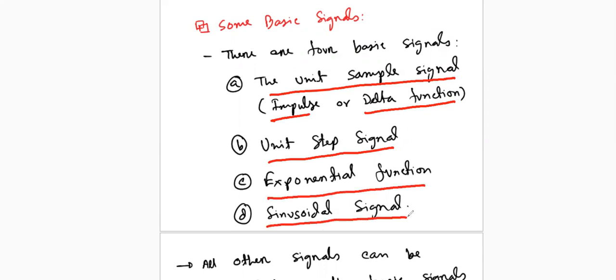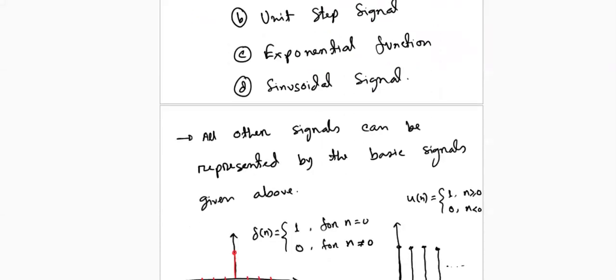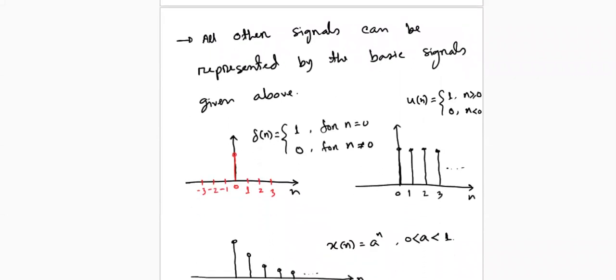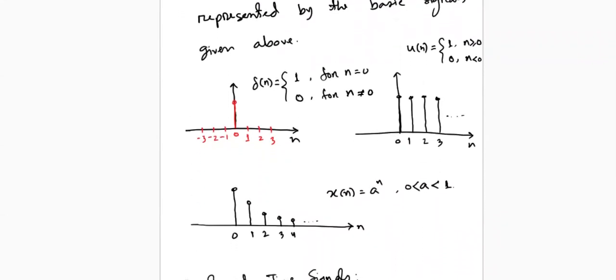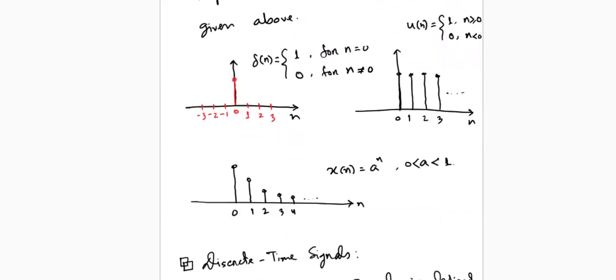We can represent any signal with a combination of these four signals. That's why these are known as the basic signals. Time to time, we'll discuss those signals more. However, here we can represent all four signals graphically as well. I believe you know the perception of those four signals.